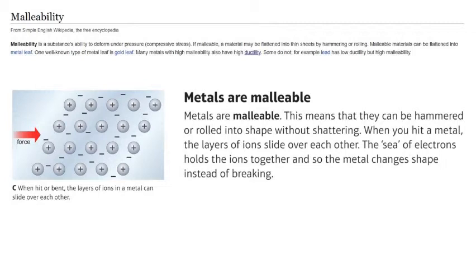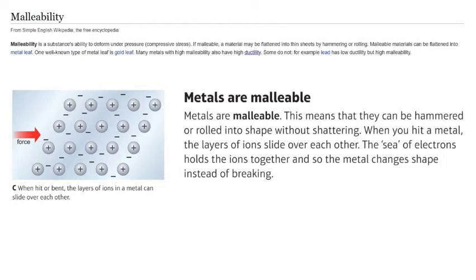All of those positive ions that make up the lattice are arranged in neat rows, and that allows them to slide past each other if a force is applied to them. So think about a pack of cards. If you had a pack of cards stacked up in a pile and you push against them sideways, the cards can slide past each other. And that's what the different rows in our metal lattice can do. And that is why we can change the shape of our metal without it actually breaking apart.